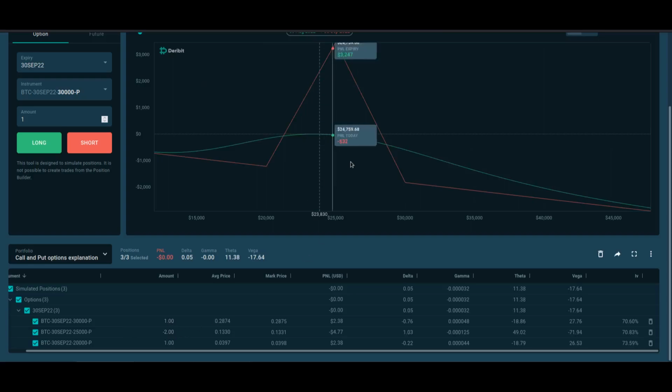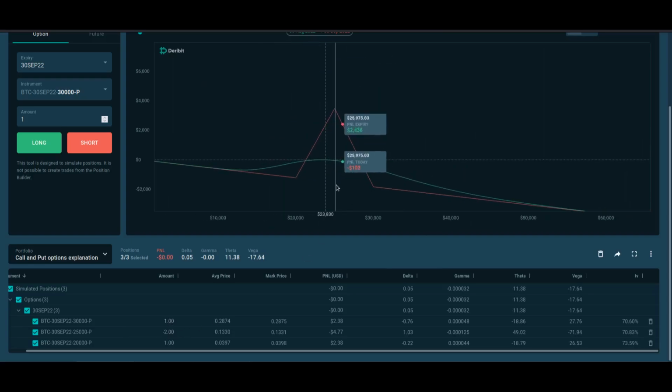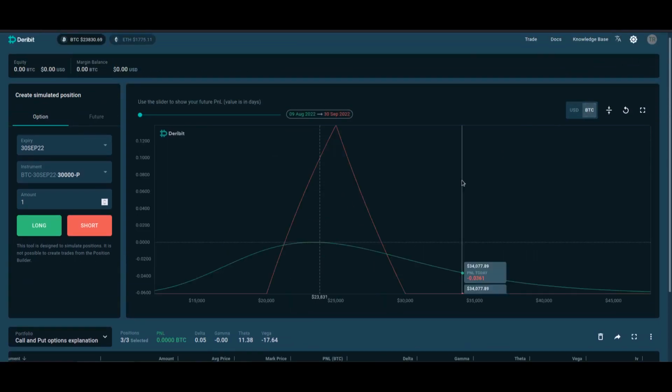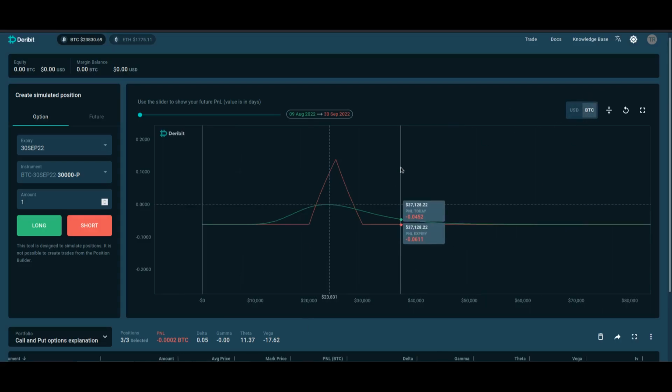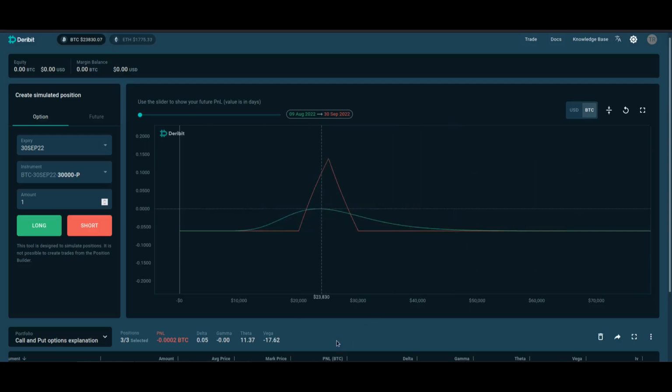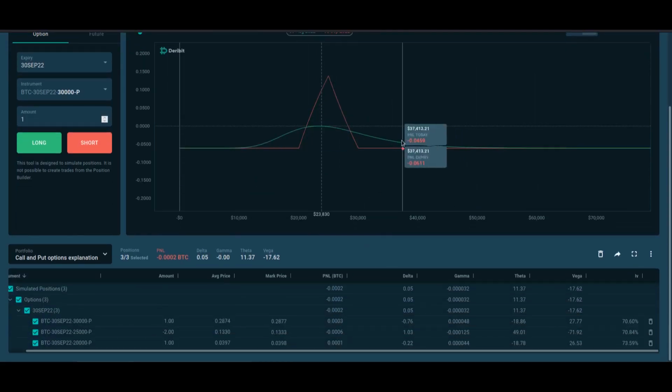Okay, here is the butterfly. Of course it has some skewness. Sometimes it's okay with BTC PNL, sometimes it's with USD. I have no idea. So here is a strangle with a butterfly, with hedged edges.